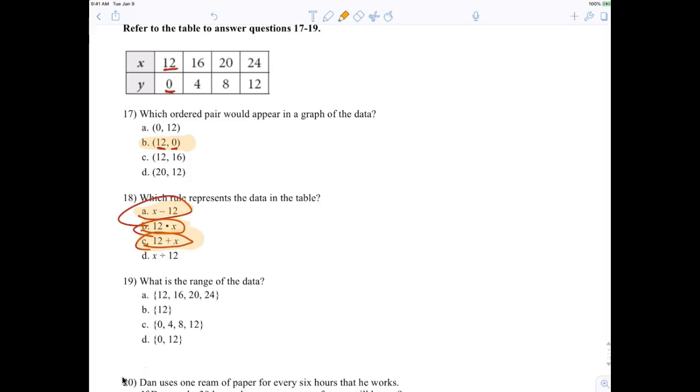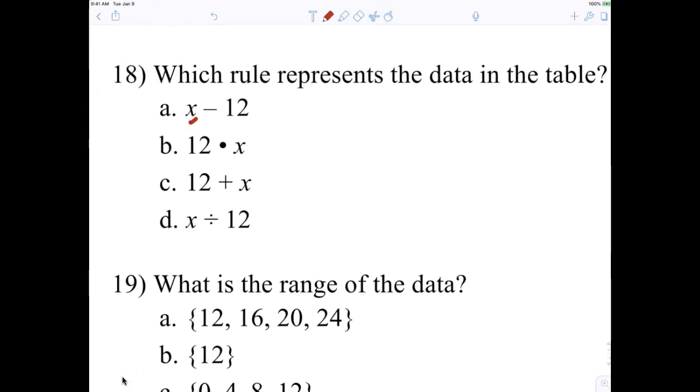All right, so now look, guys. I want to show you. This is the easiest problem there is. Somebody tell me, what's this x value? 12. So if I put 12 in here, here, here, and here, I should get the y value.